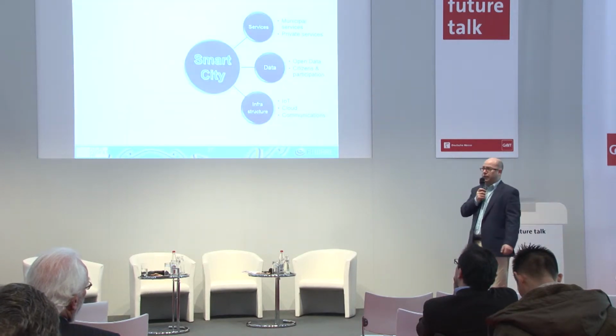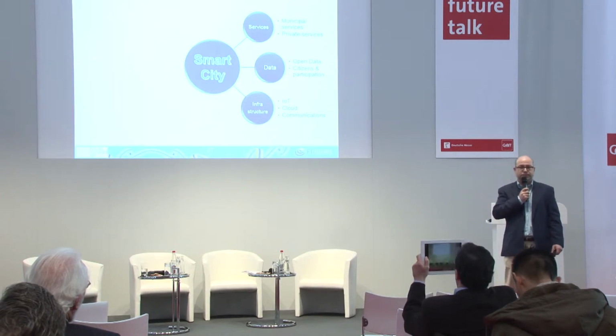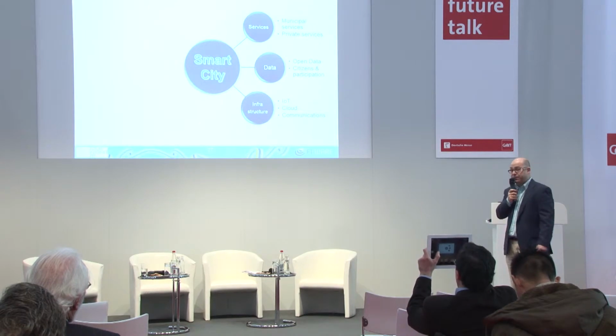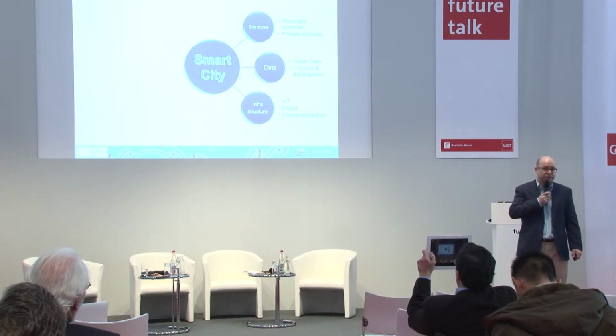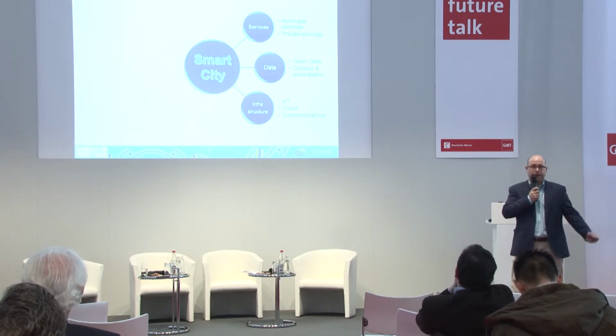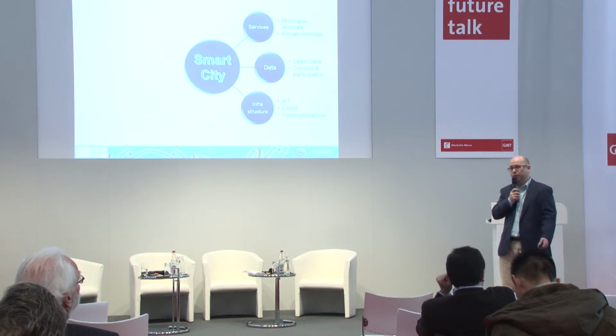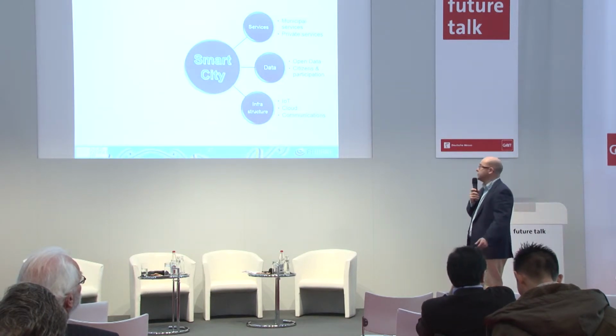So we have 3 important aspects or tenets in a smart city. We have the services: public services from the municipalities, transportation, libraries, bike rental, whatever. We have also private services, power supply, commercial services.